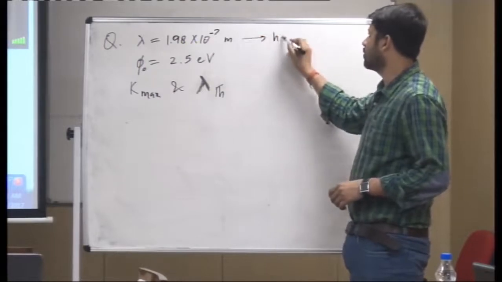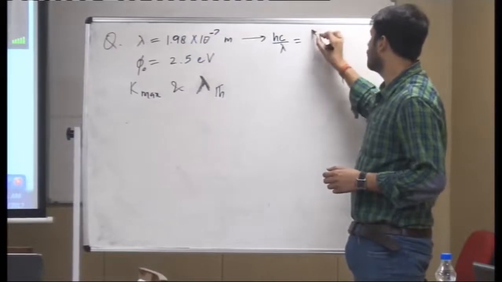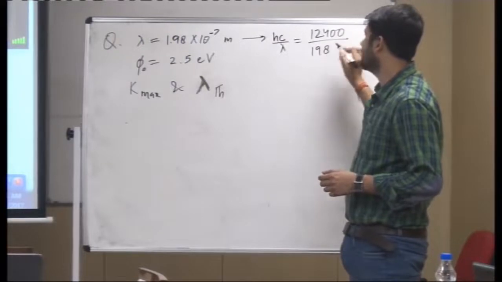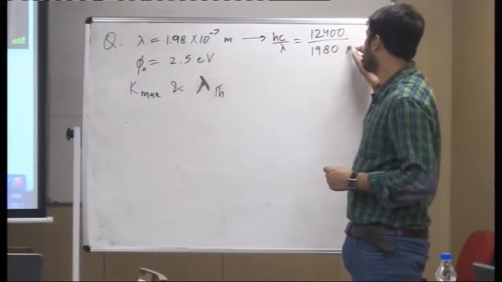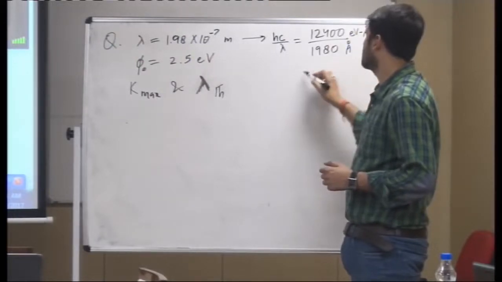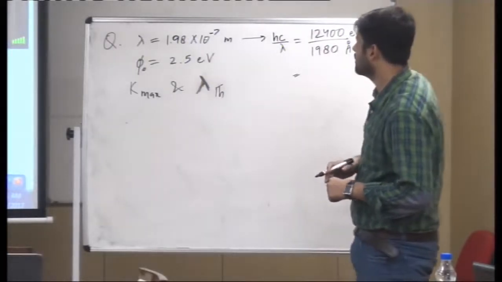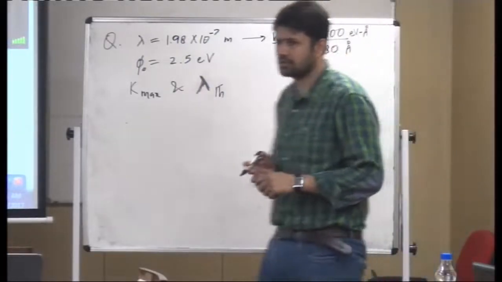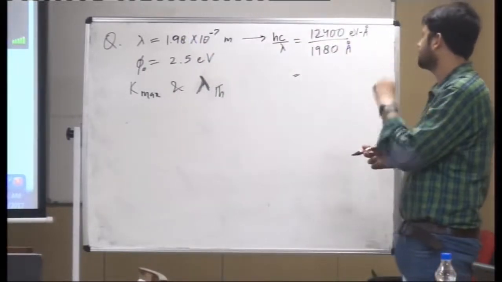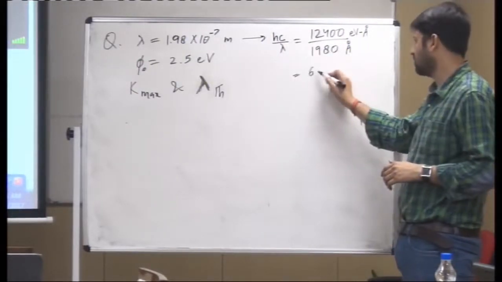The energy of the photon is 12400 by 1980 angstrom. This is eV angstrom. यही होगा or am I making a mistake? So how much? 6.2?